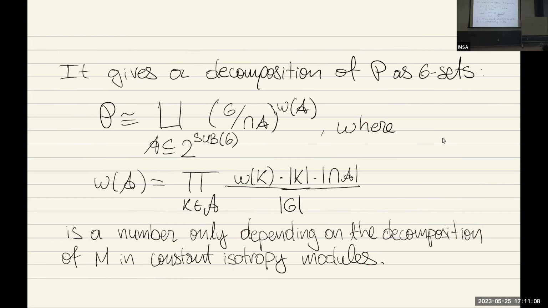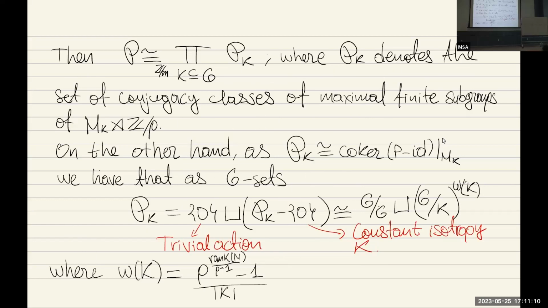If we take this Cartesian product, we have a decomposition of PK as orbits. Then if you take the Cartesian product, it gives the decomposition of P as a union of orbits.